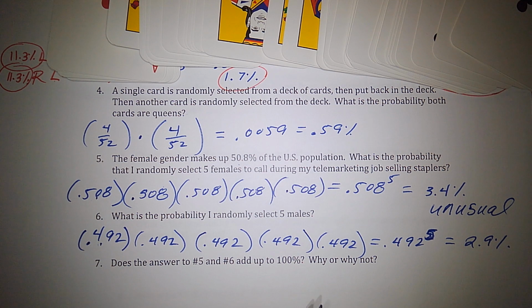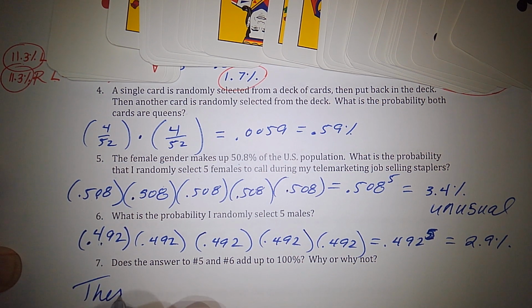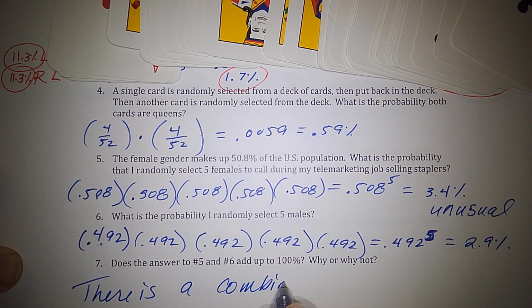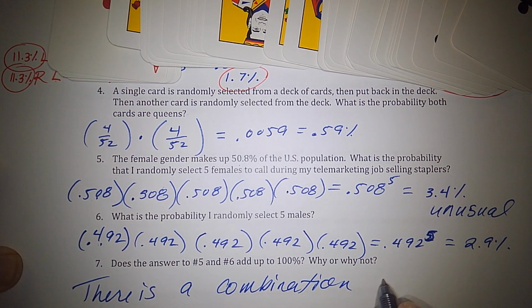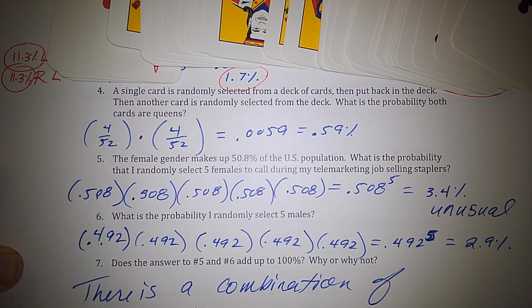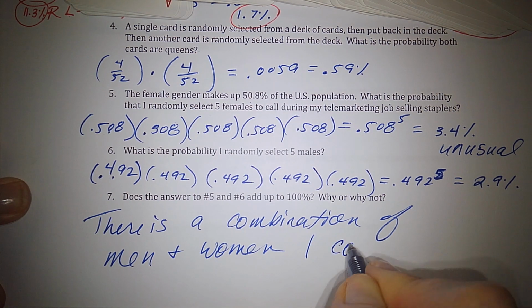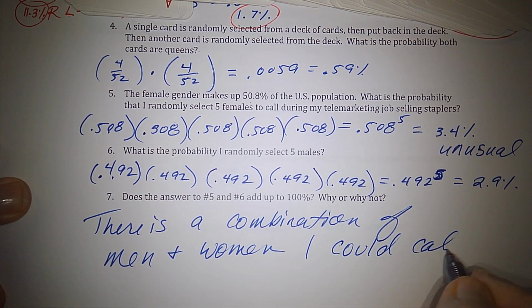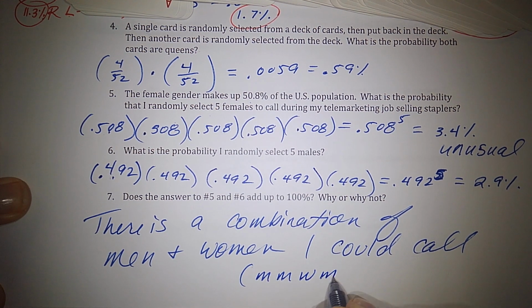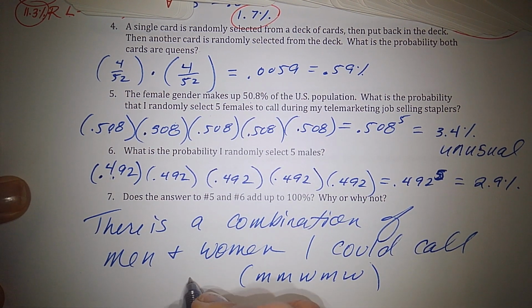And the reason they don't add up to 100% is because there could be a combination of men and women I could call. Such as male, male, woman, male, woman, as one example.